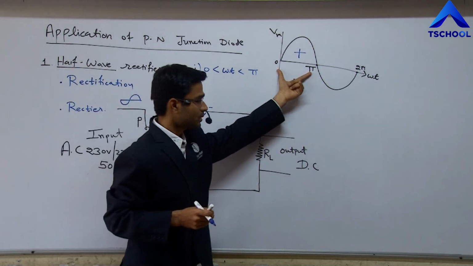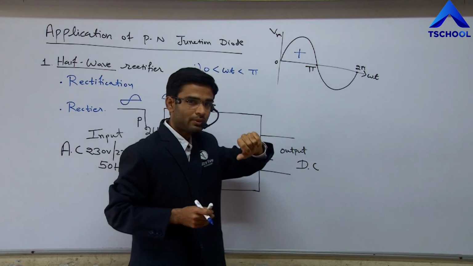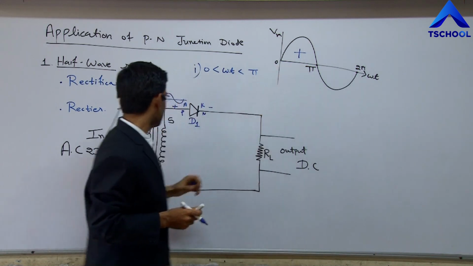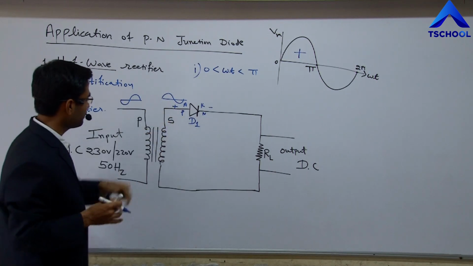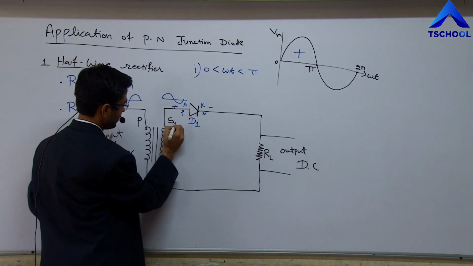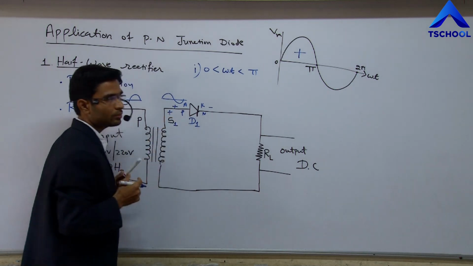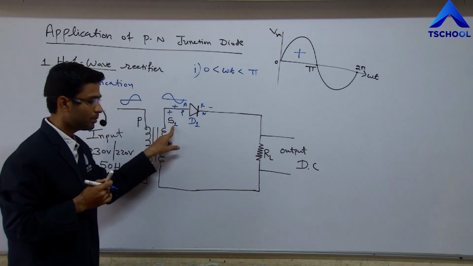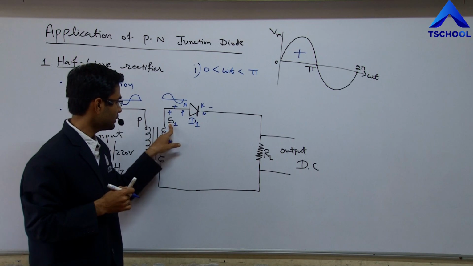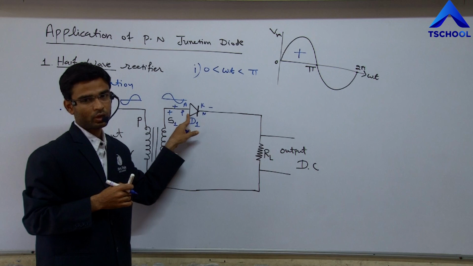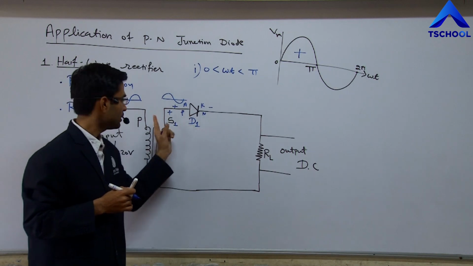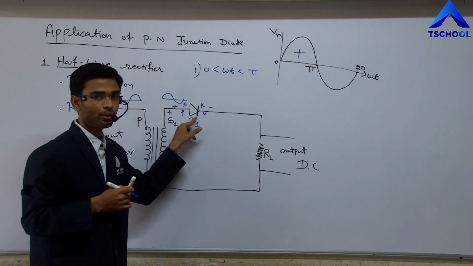During the first half cycle given to diode D1, the S1 terminal becomes positive, and S1 is connected to the p section of the PN junction diode, so now the diode is in forward bias condition.